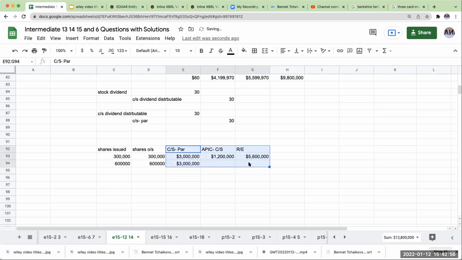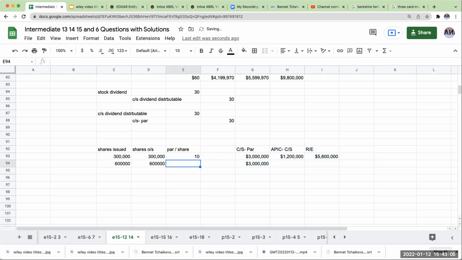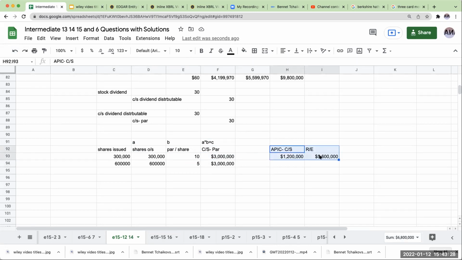But if I were to expand this out a little bit, hold on. So my common stock at par is really going to be my shares outstanding times the par per share. So my common stock at par is going to still be at this amount, and it's just with a 2-for-1 split. That's effectively what this is doing.